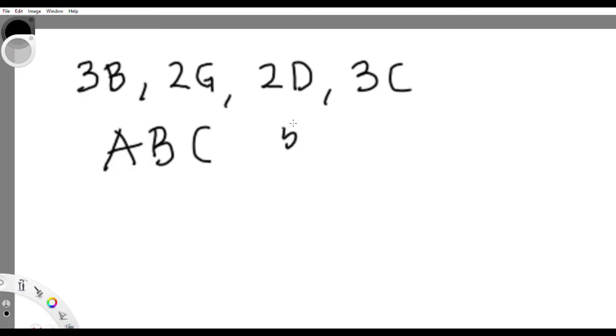So we have 5 humans and 5 animals. So how many ways can we form a party of 3 having more animals than humans? So that's what it should be.